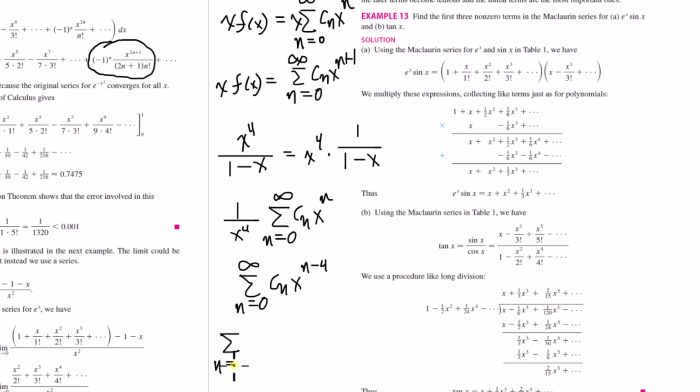From n equal to 0 to 3, c sub n x to the n minus 4 plus the rest. When you write it this way, this part is a power series, but this part isn't.